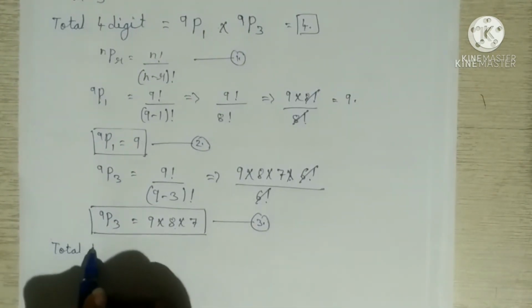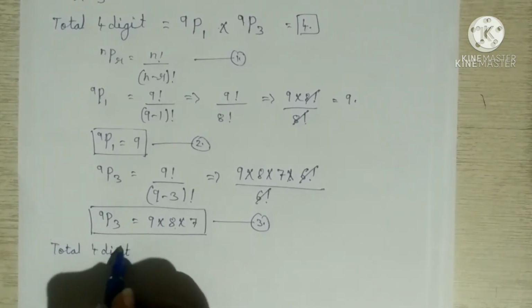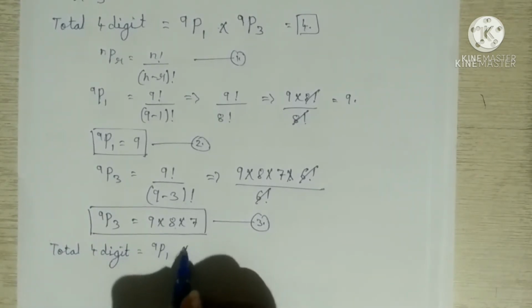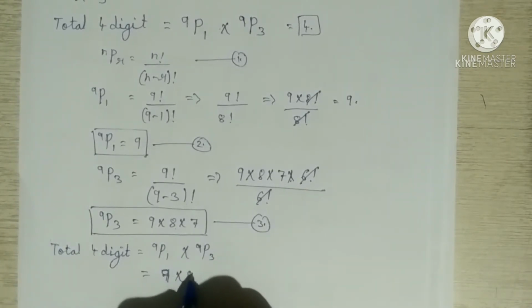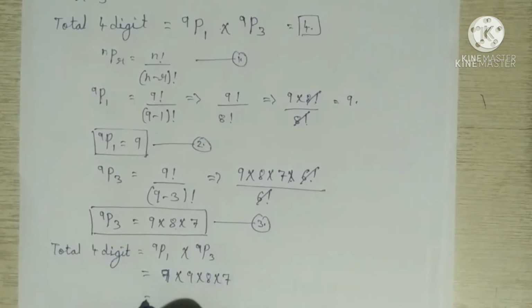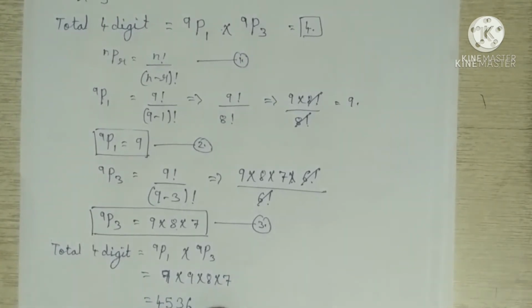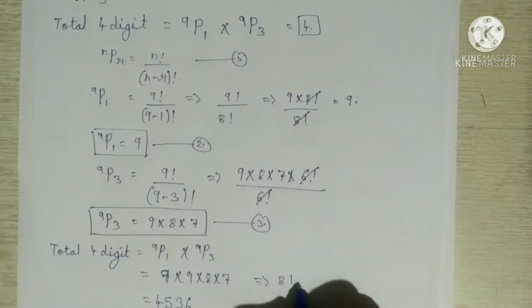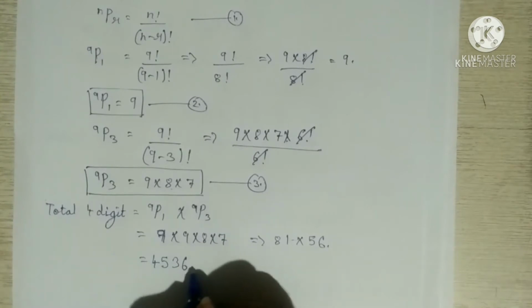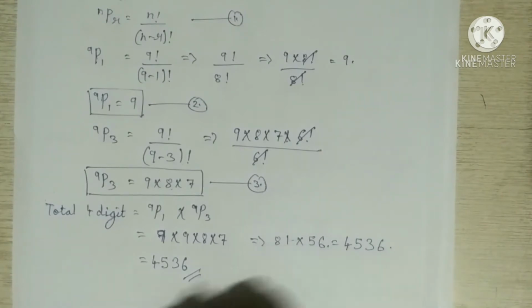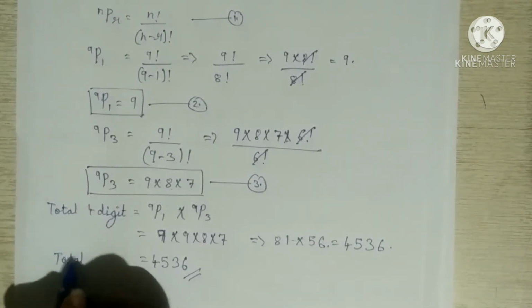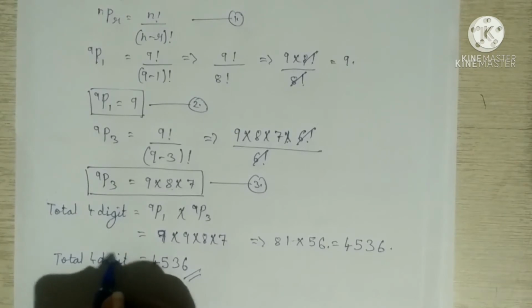Total 4 digit is equal to 9P1 into 9P3, which is nothing but 9 into 8 into 7, which is 4536. Where 8 into 7 is 56, and 9 into 56 gives 504, multiplied by 9 you'll get 4536. Total is equal to 4536.